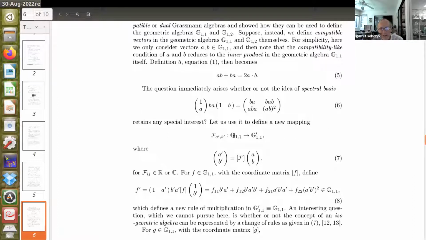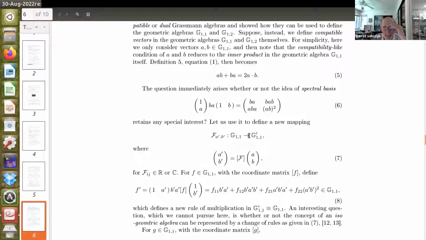So I map the geometric algebra G11 onto what I call the geometric algebra G1 prime 1 1, where A prime, B prime is equal to a real 2 by 2 matrix times A and B. So really, I'm thinking about A prime as just being a scalar sum of S times A and T times B in general, which becomes a vector now.